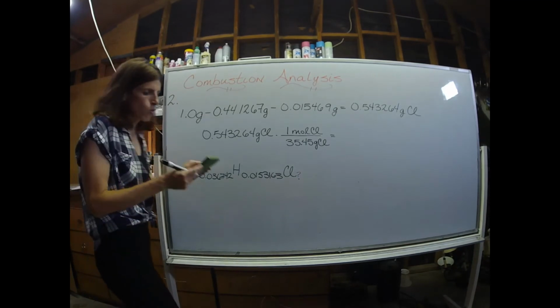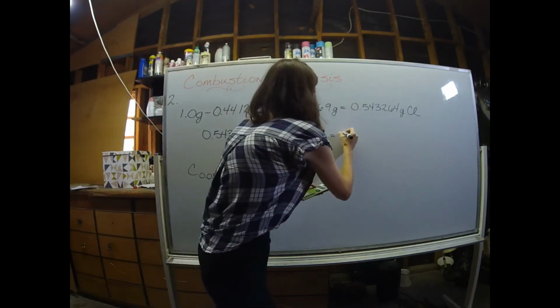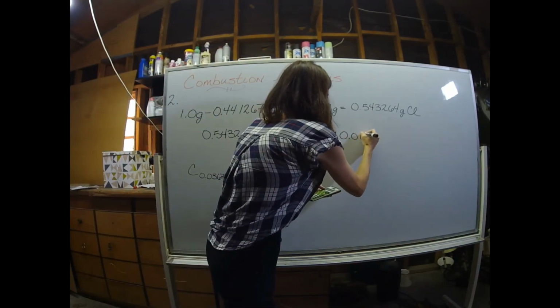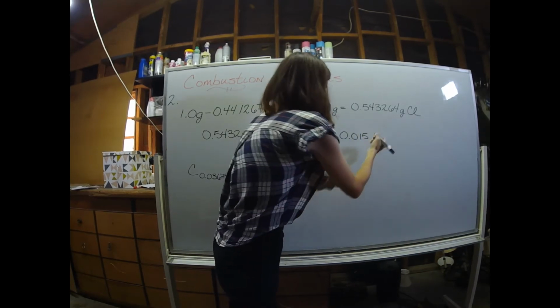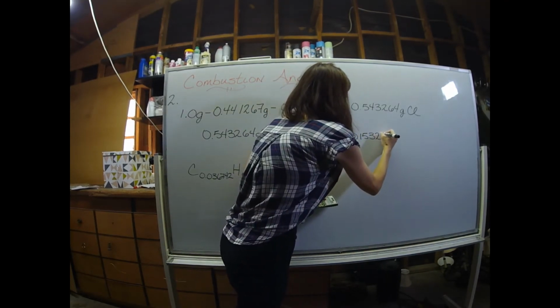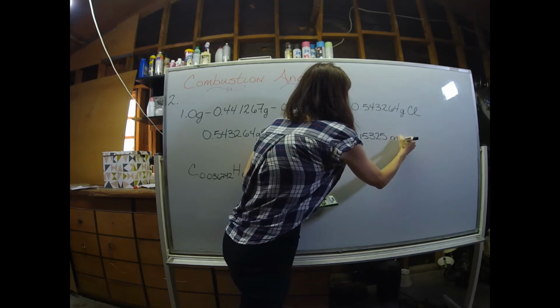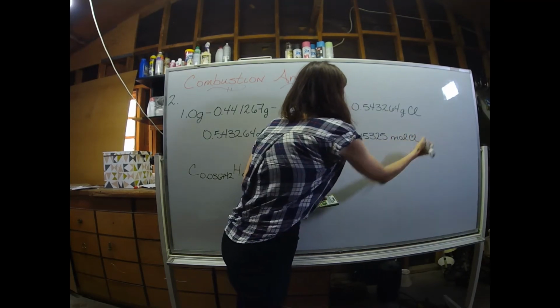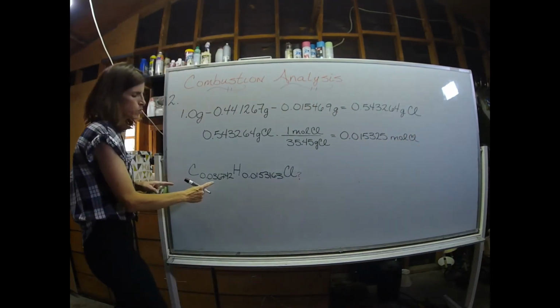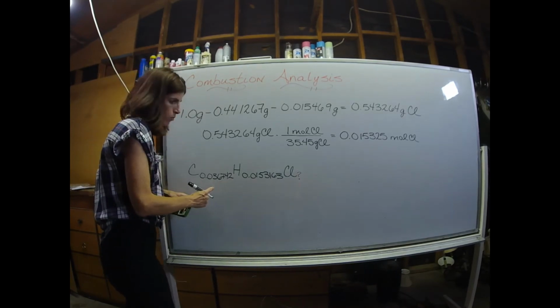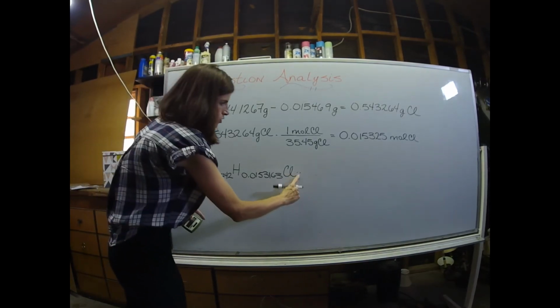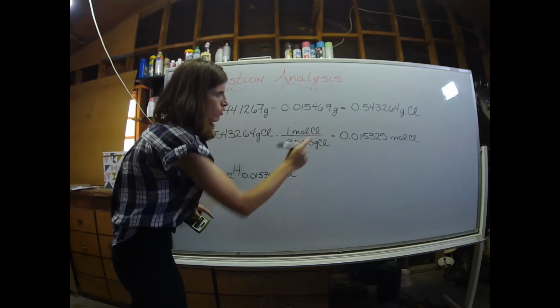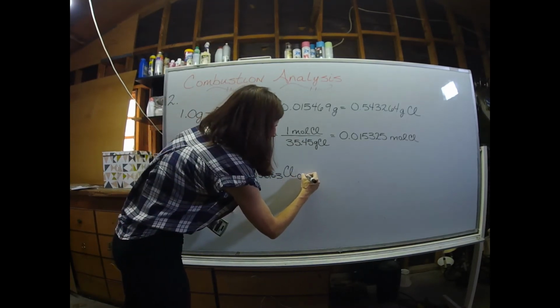So at that point, I obtained 0.015325 moles of chlorine. Now I'm going to update this to include the chlorine mole value as well, along with the 2 mole values that we previously determined.